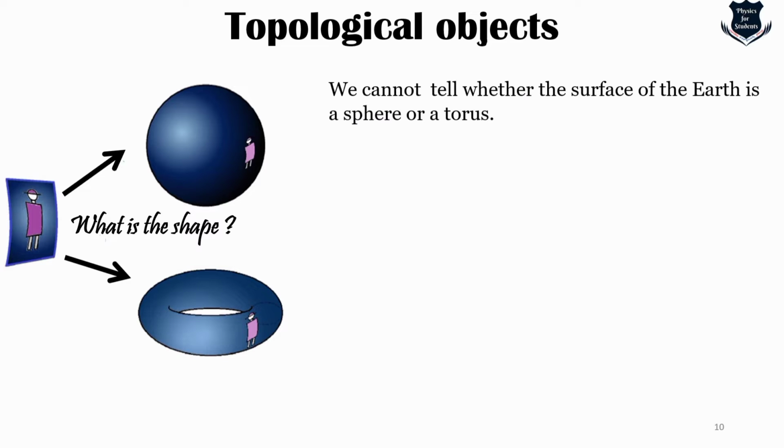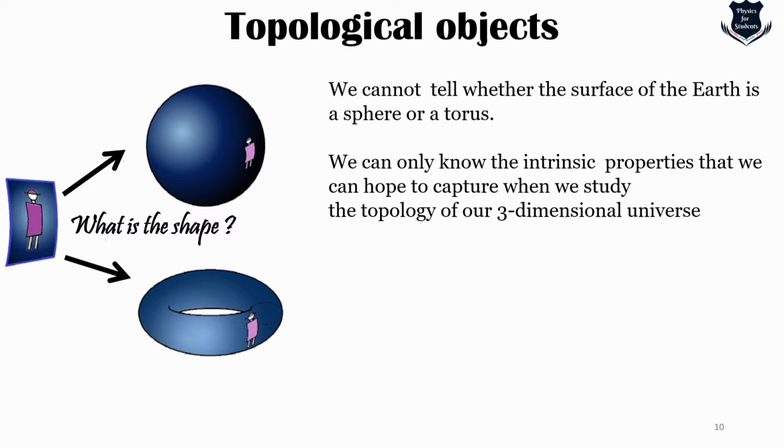On the other hand, we humans cannot tell whether the surface of the earth is a sphere or a torus if, for example, we are covered by darkness. So intrinsic properties are the only properties that we hope to capture when we study the topology of a three-dimensional universe, if we cannot move out of it.